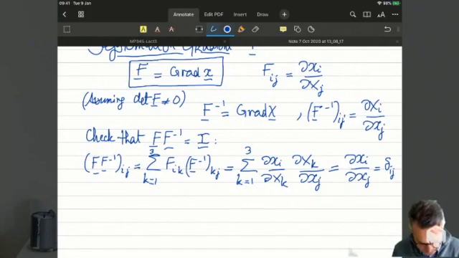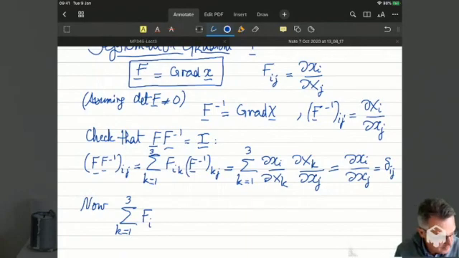Okay. Now let's look at this quantity here. F. Oh, just realized there's a typo here. Fik dXk.